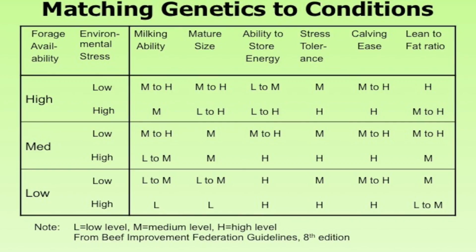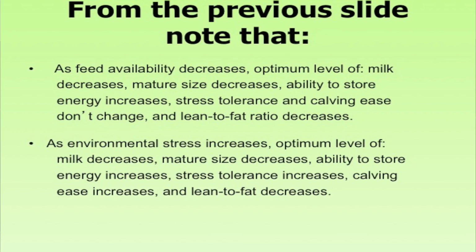As you look at that chart that I gave you, as feed availability decreases, optimum level of milk decreases, mature size decreases, and the ability to store energy increases, so they have increased fleshing ability. Stress tolerance and calving ease don't change, and lean to fat ratio decreases as well.